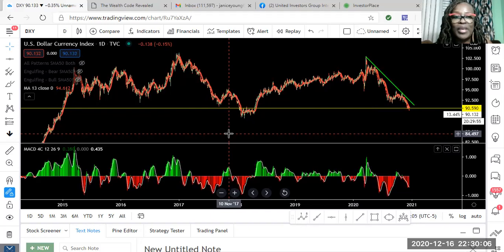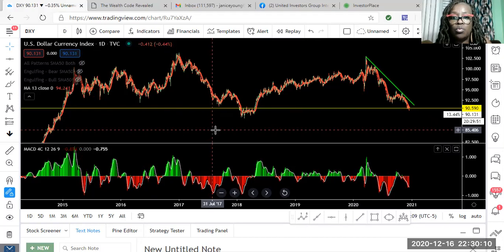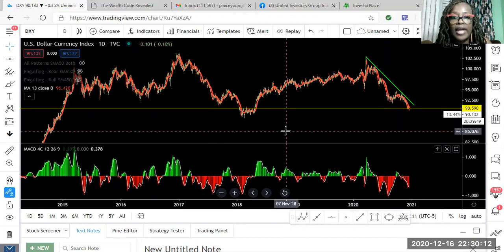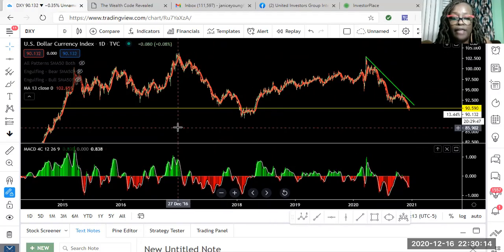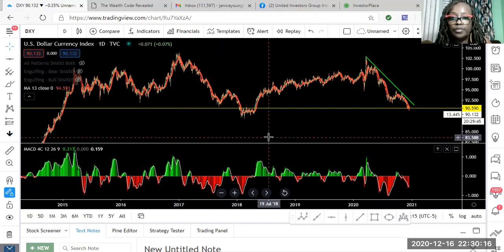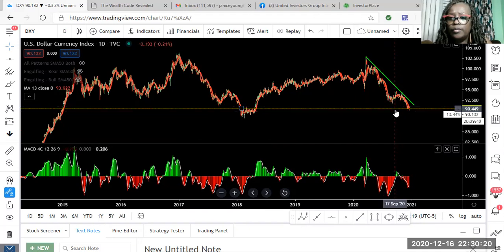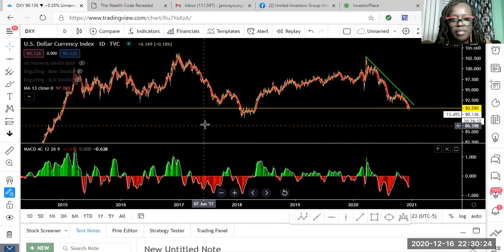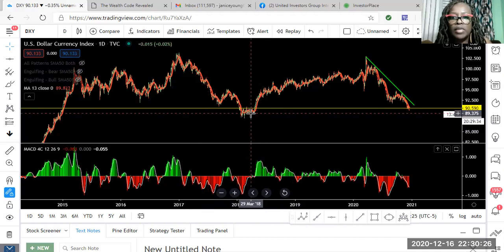So nevertheless, what I do on the daily is identify the trend, and then I'm looking left. I'm looking left to see if we have other areas where price reacted, identifying support and resistance, basically. So I'm looking for structure.